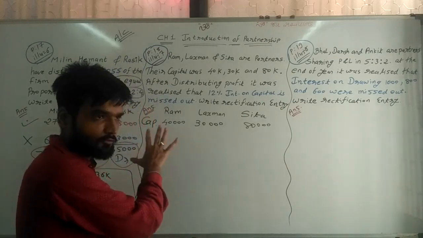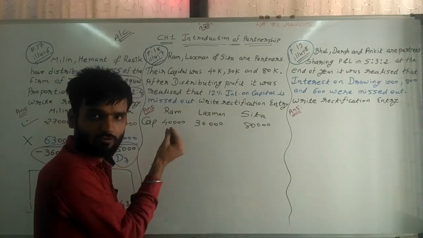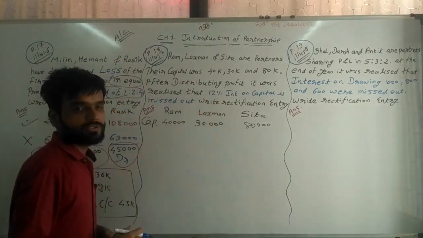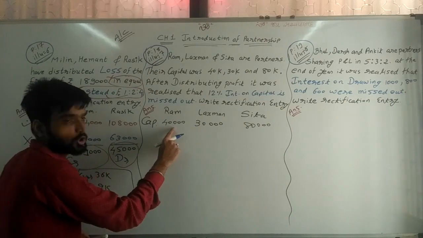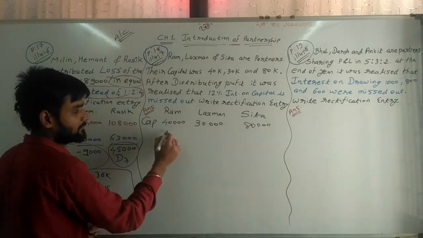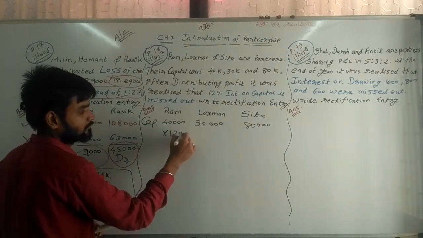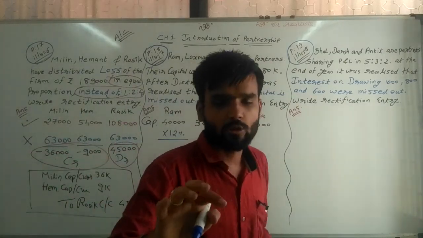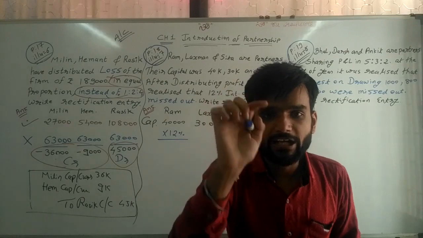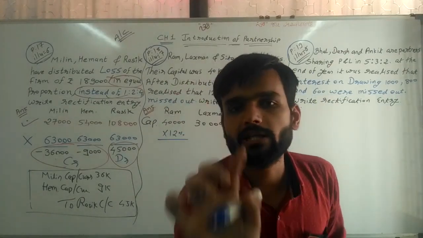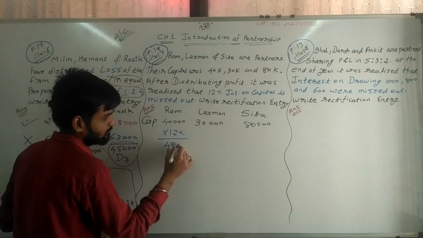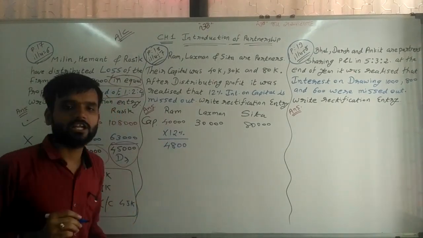So first of all, I am finding the correct interest on capital. So 12% of this, Ram: 40,000 into 12%, you will get 4,800 rupees.